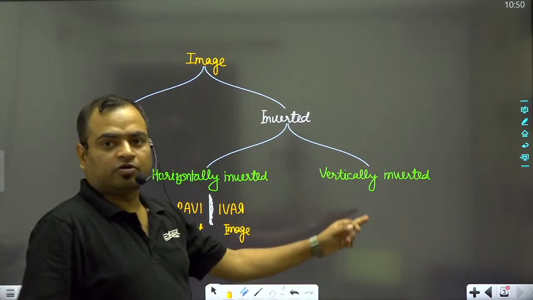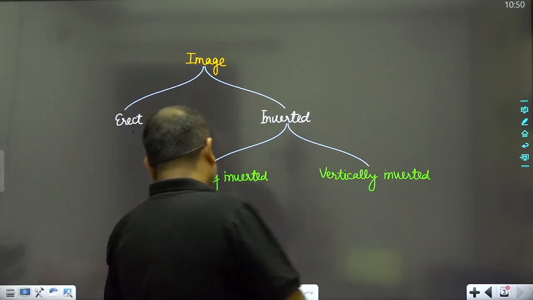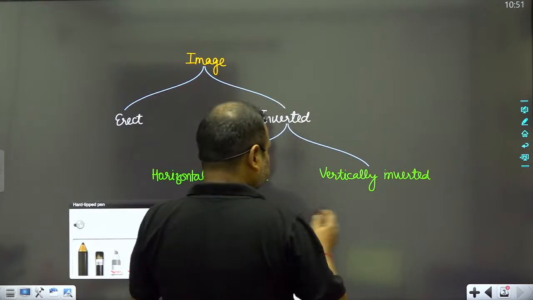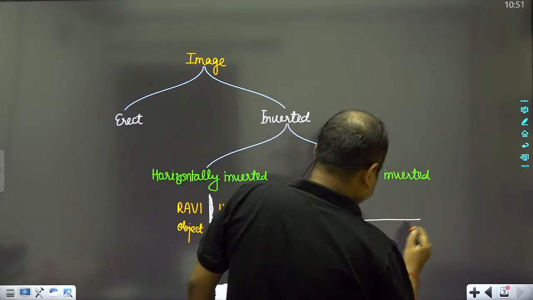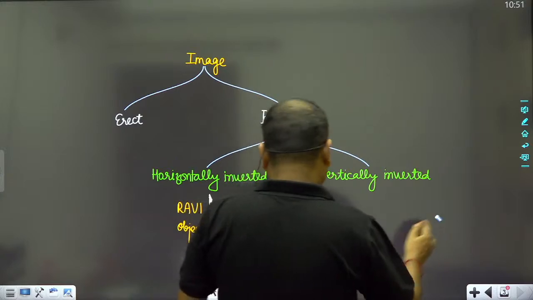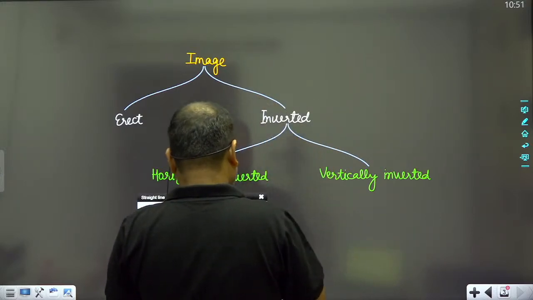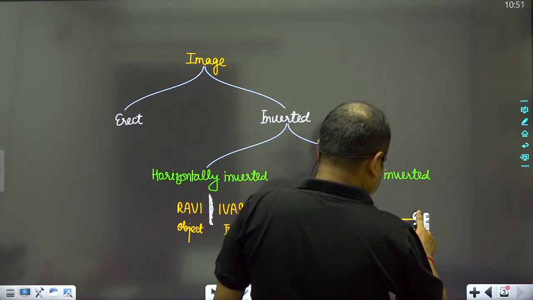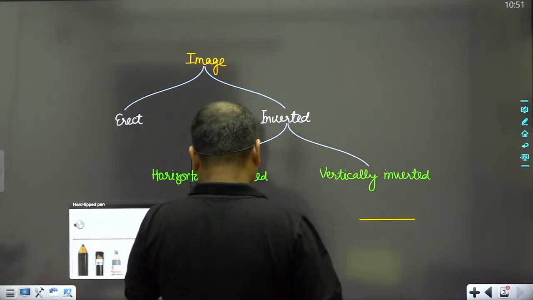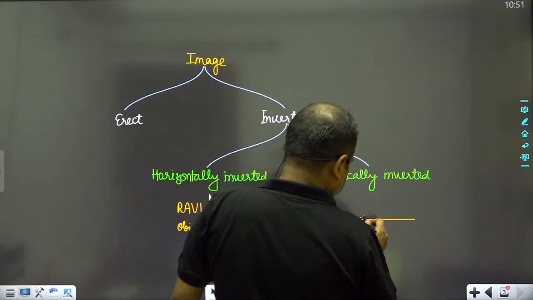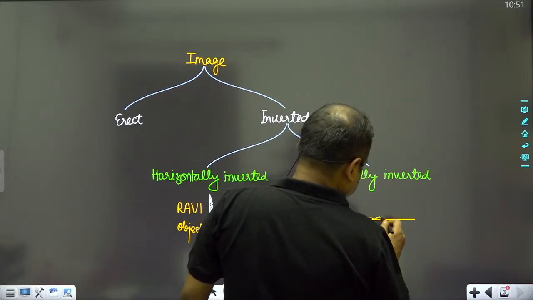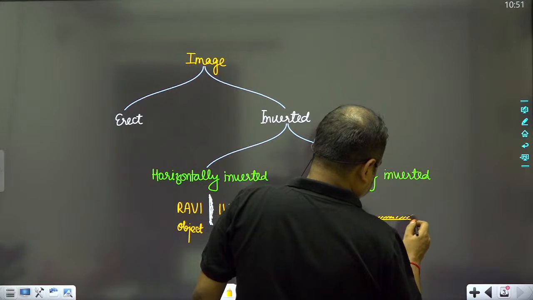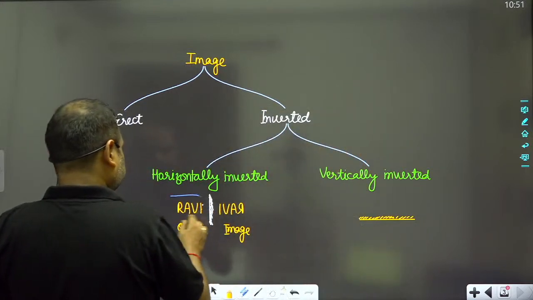Now if we talk about the vertically inverted image, suppose that this is a mirror like this, and suppose that this is Ravi.